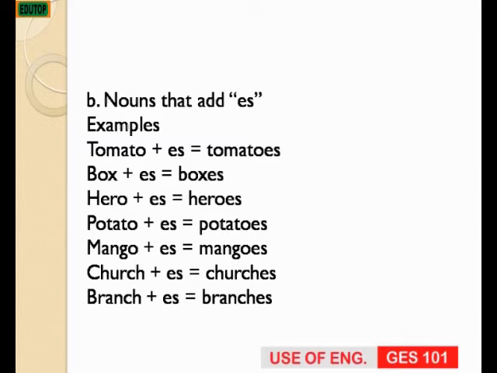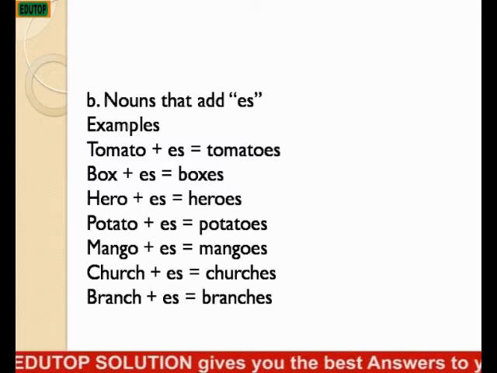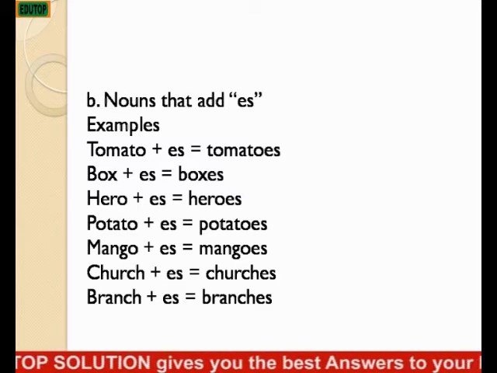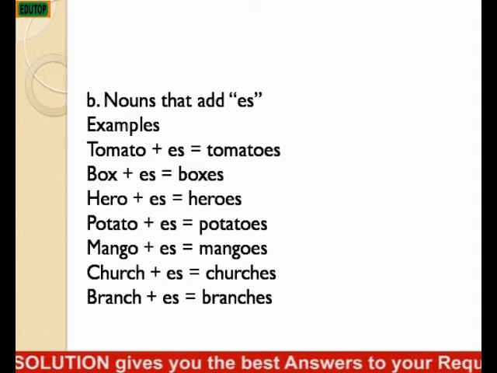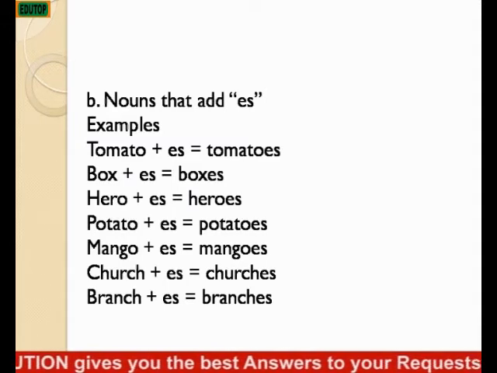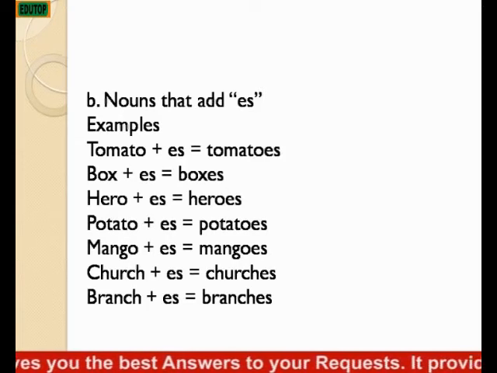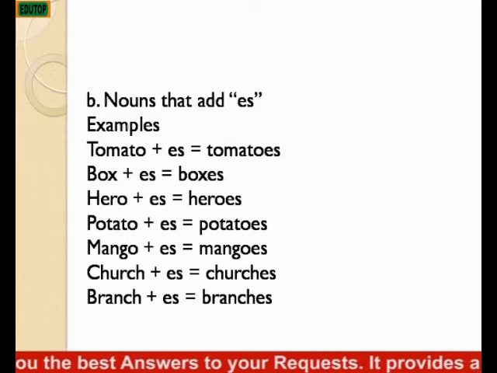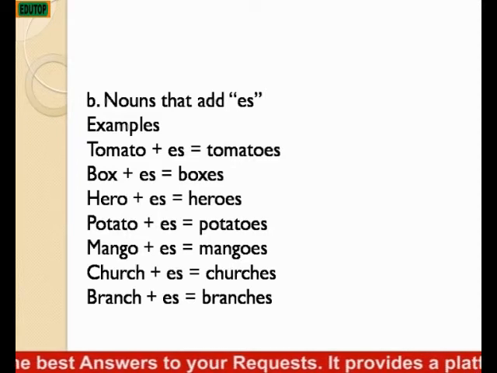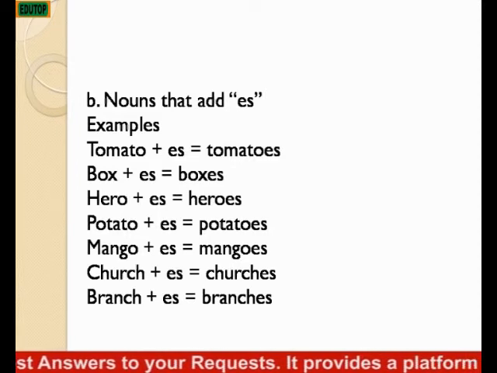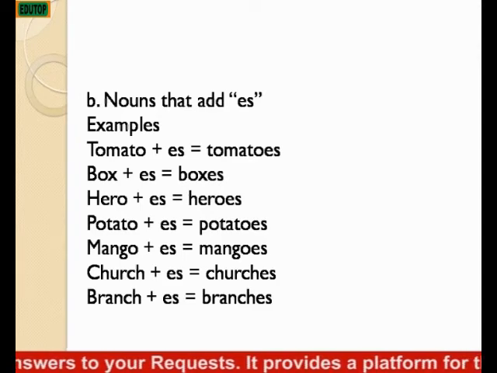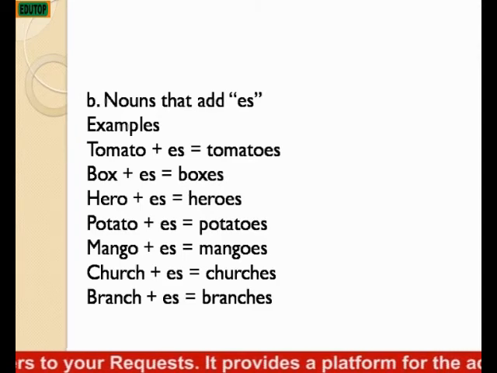In most cases, such nouns usually end in o, or x, or ch. We have examples like tomato to form tomatoes, box to become boxes, hero to become heroes, potato to become potatoes, mango to become mangoes, church to become churches, and branch to become branches.